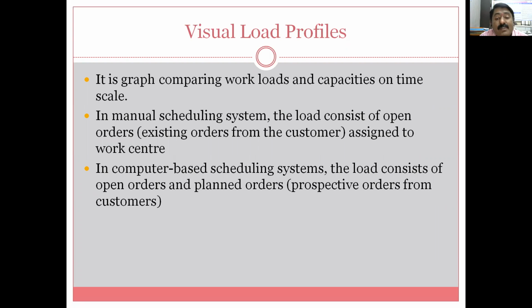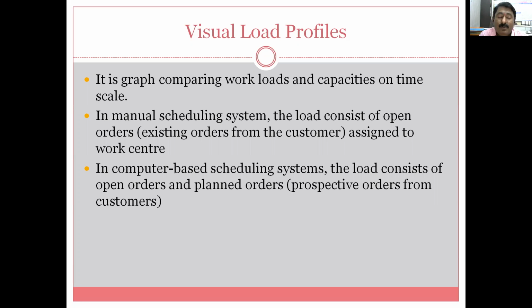And in a computer based scheduling system, the load consists of open orders and planned orders, as this is computer based. Just take the example of an ERP system, SAP. In this ERP system, whatever the current orders are, that is also considered. But whatever the planned orders, meaning the order is in hand, some advance bill payment towards the company is made, and the material is yet to be received in the shop after 15 days.